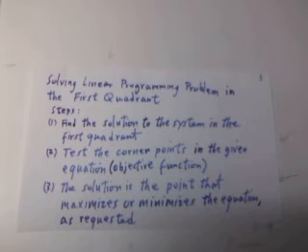Step 2, you have to test the corner points or the vertex points in the given equation, which is the objective function. They will give you an equation along with the inequalities.